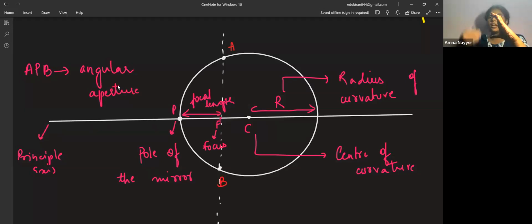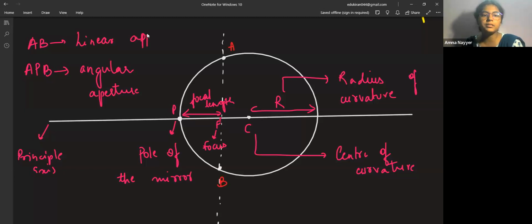And when I'm talking about just this part, not the curved part, only the line from point A to point B, this is known as the linear aperture. So APB is the angular aperture, AB is the linear aperture.